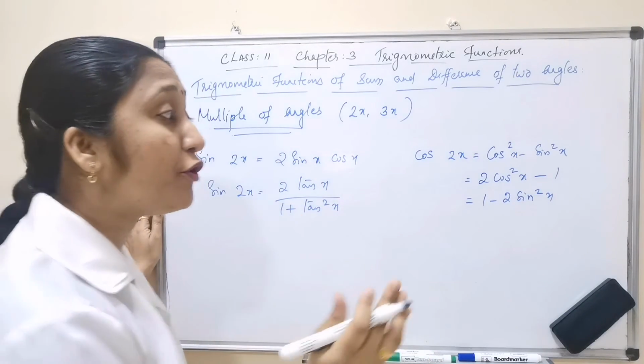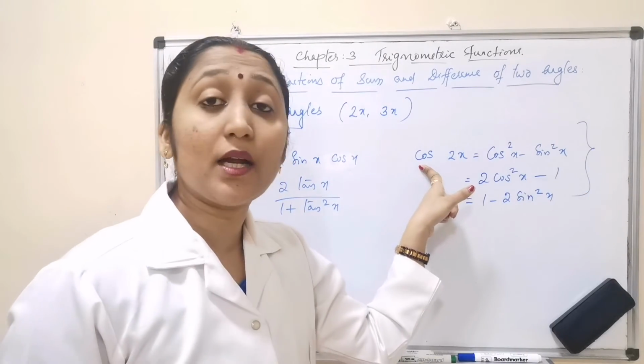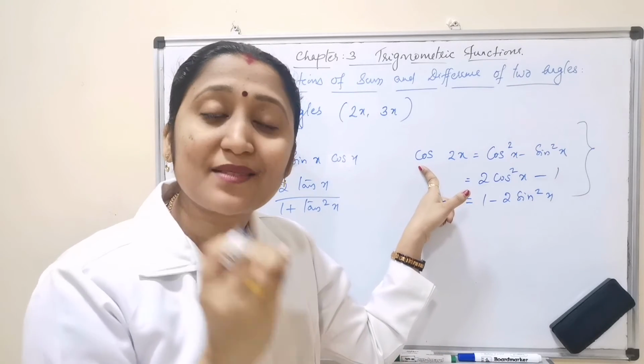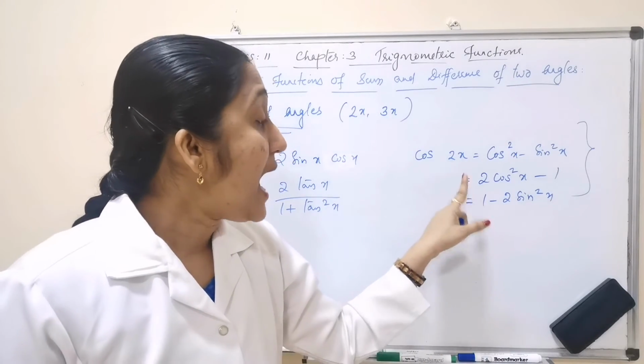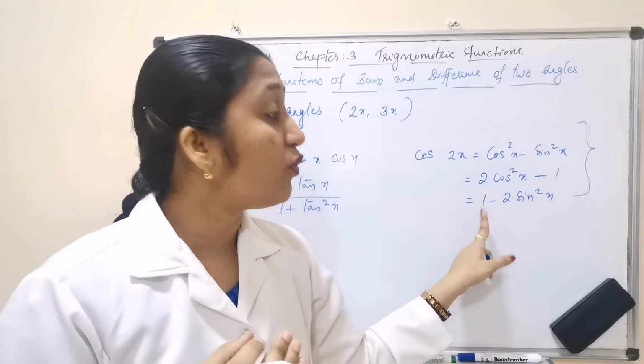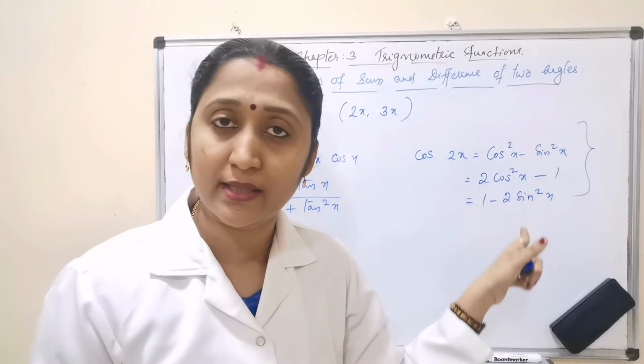So there are three formulas based on cos 2x. Cos 2x equals cos square x minus sin square x, another case 2 cos square x minus 1, or 1 minus 2 sin square x.